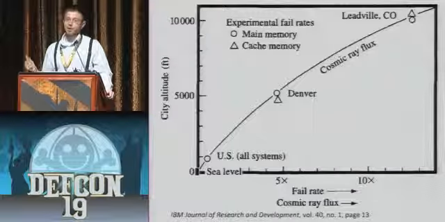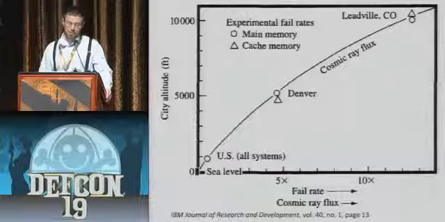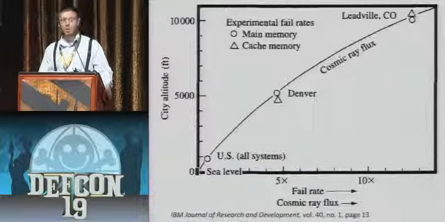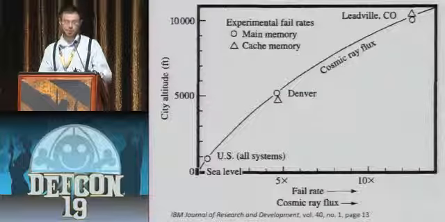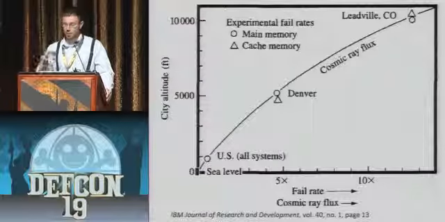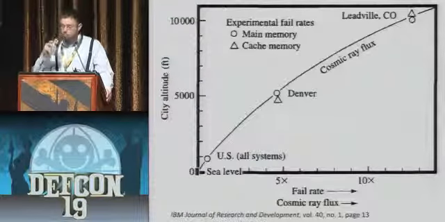The higher up you go, the more cosmic rays there are, since there is less atmosphere. And if you notice these circles and the triangles, those are actual experimentally observed errors in cache and main memory. If you notice, they align exactly with the prediction for the cosmic ray flux.